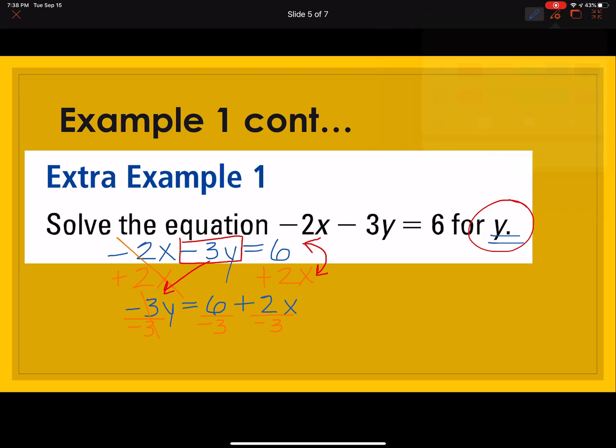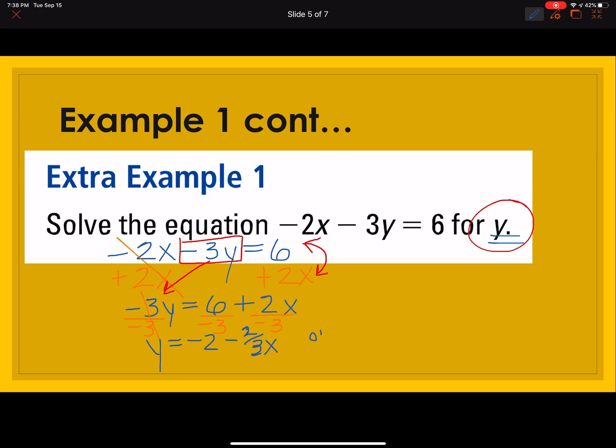So now I have y equals 6 over negative 3, or 6 divided by negative 3, simplifies to negative 2. And I have a positive 2x divided by negative 3, and that's actually going to turn into a negative. And 2/3 is already in simplest form. So I'm just going to move it down with my x.